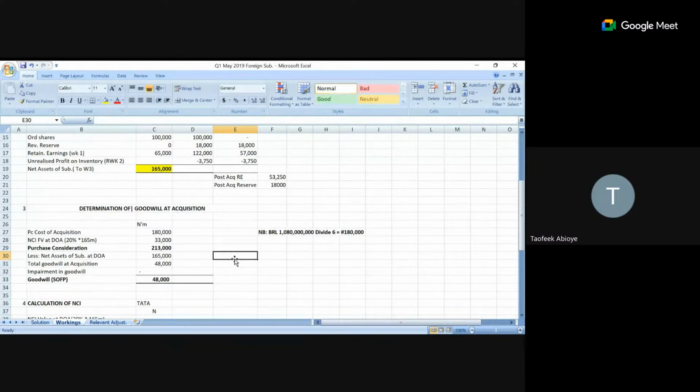So goodwill at consolidation date is 48 million naira. That is our goodwill at acquisition date.